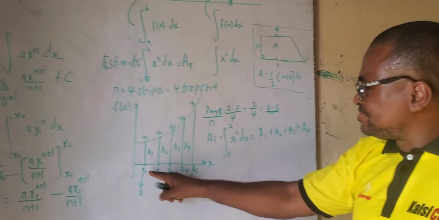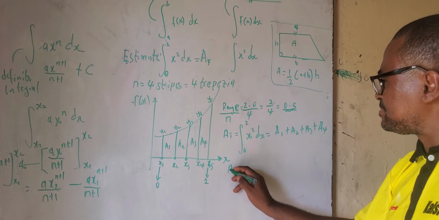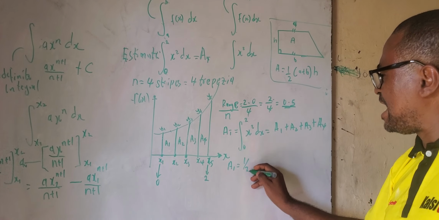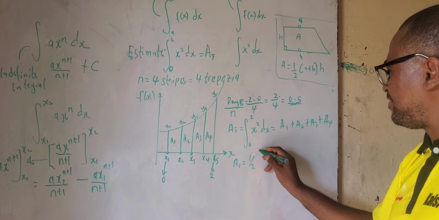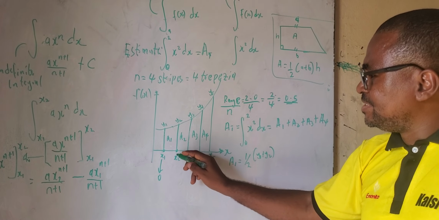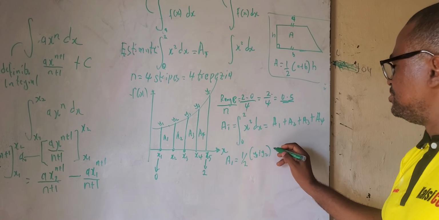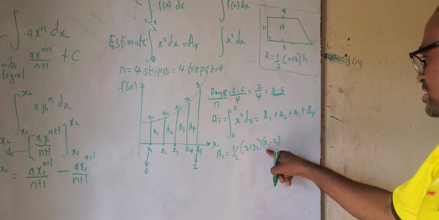Now if you look at this first trapezium, the area a1 is half, then the sum of the parallel sides, that is y1 plus y2, half of y1 plus y2, multiplied by the distance between these parallel lines, that is x2 minus x1, that is times, not divided, please, is times.